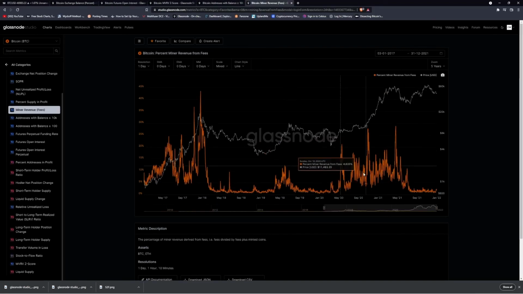And lastly, guys, we're looking at percent miner revenue from fees. So this mass exodus of miners from China has allowed this metric to deviate from the norm.